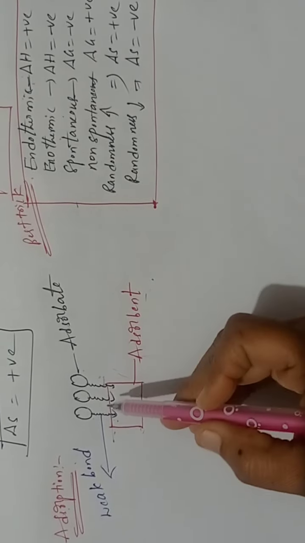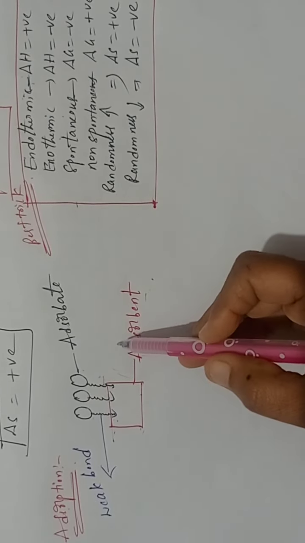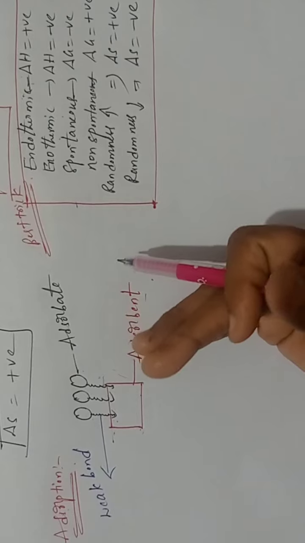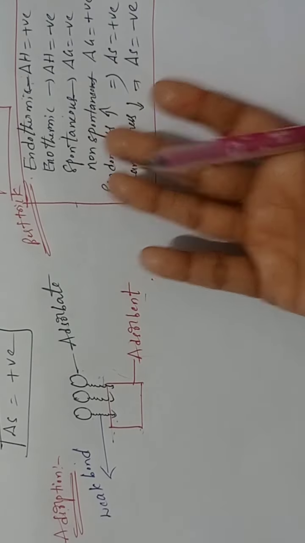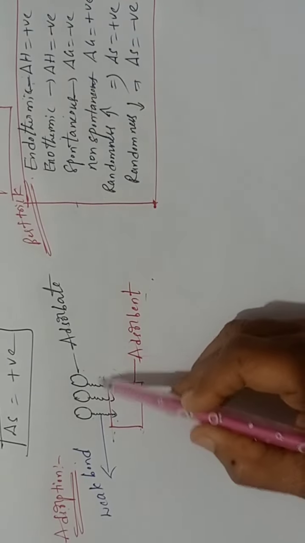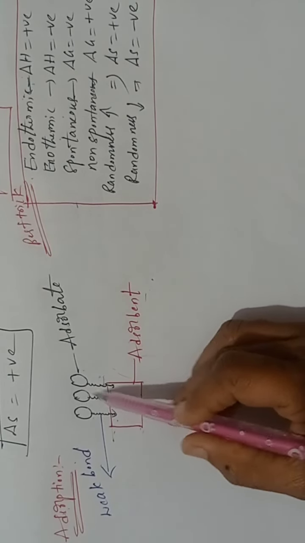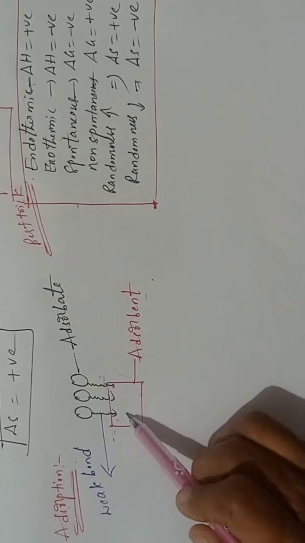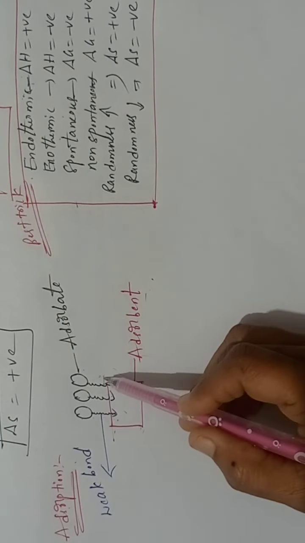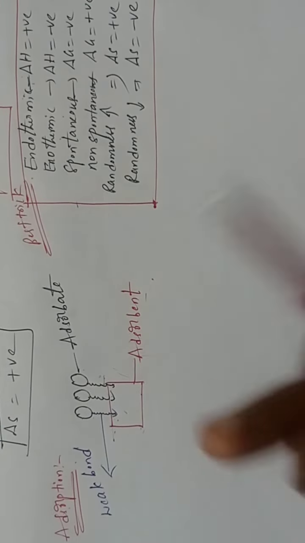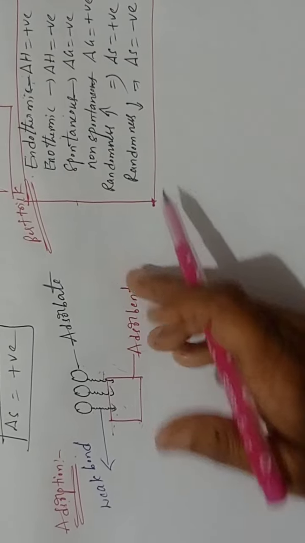Correct? So now see, students, it is an exothermic reaction. Adsorption is exothermic. Exothermic means energy is released here. During the formation of a weak bond between the adsorbate and adsorbent, energy is released. Are you following?